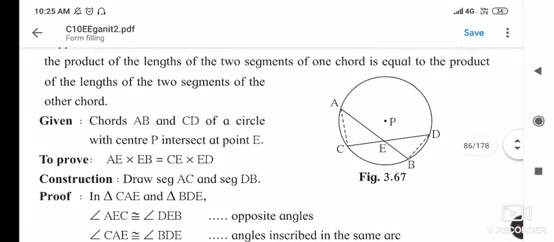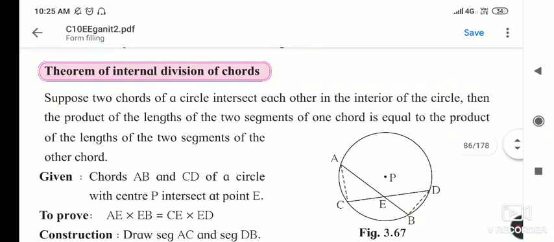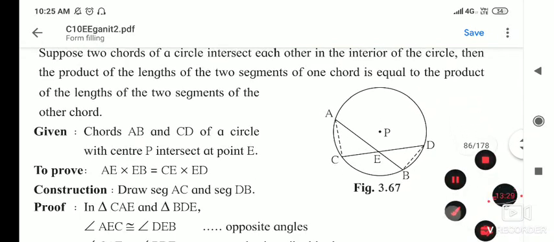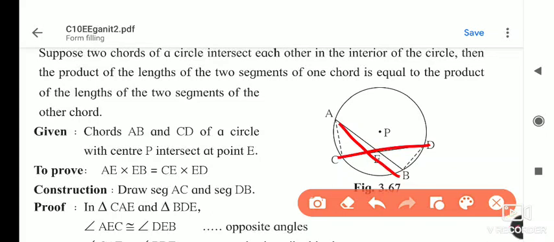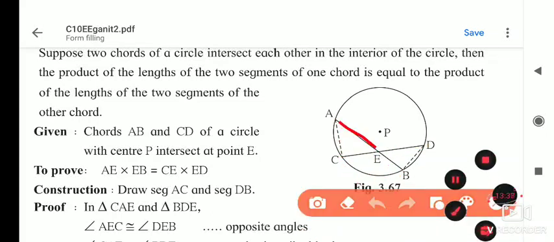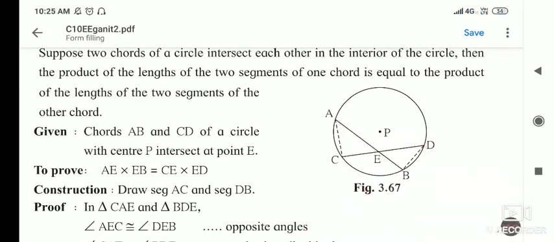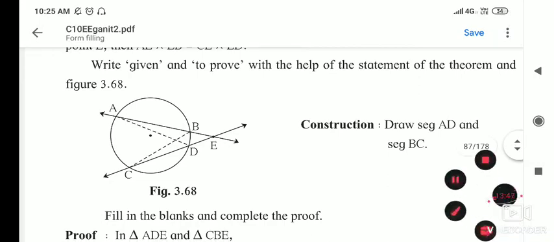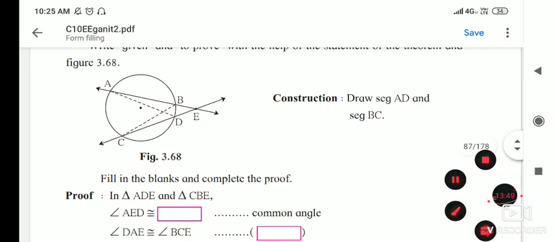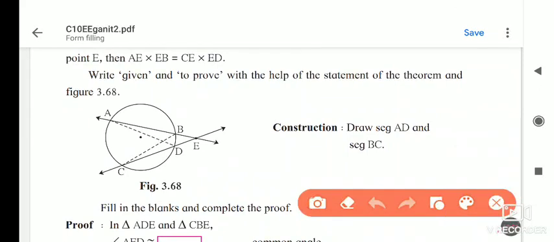After that we studied the theorem of internal division of chords. When two chords intersect each other internally inside the circle, then AE into EB is equal to CE into ED. When the chords intersect externally to the circle, then AE into EB is equal to CE into DE.